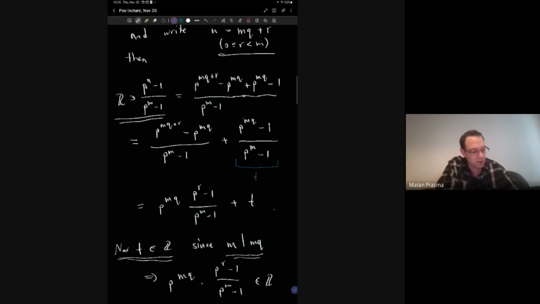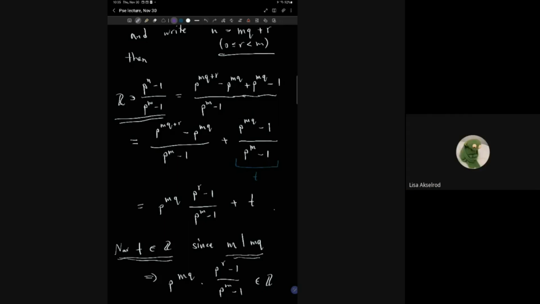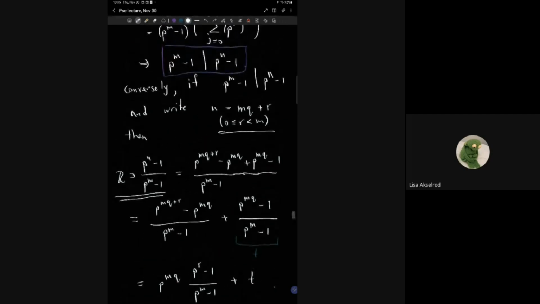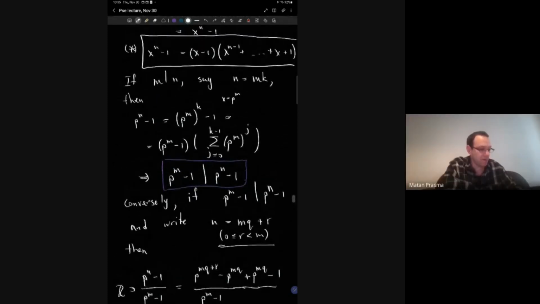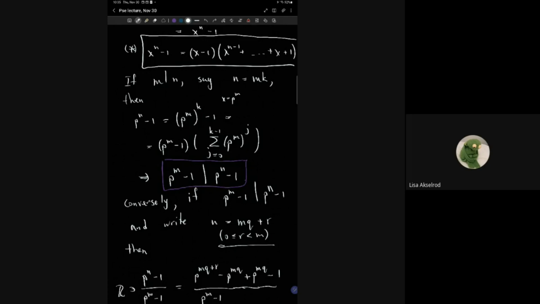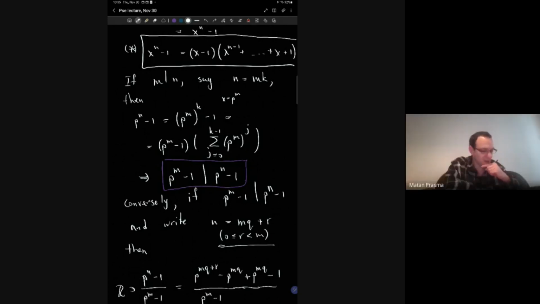You can call this guy n. Is it like a rule? I understand that m divides mq, but I don't understand why p to the mq minus 1 will be divisible. Yes, this is the first part of the claim. If you have two integers, m and n... Okay, I understand.